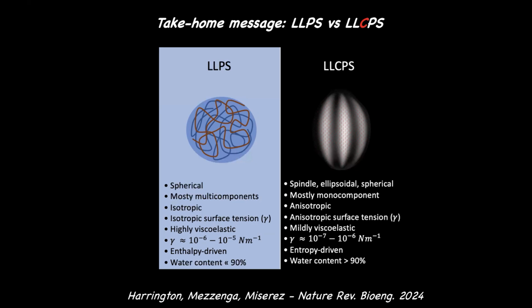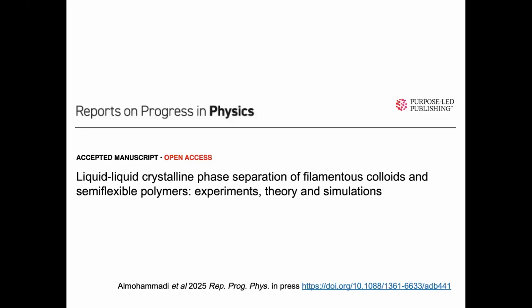If you want to focus on the fundamental physics, we spent the last 2 years together with my group and the group of Alejandro Rey to put order into that. I can say that I think we now understand very well the difference between LLPS and LLCPS.